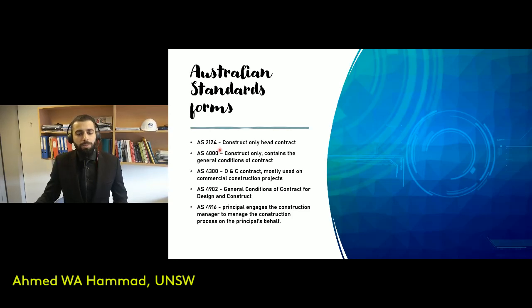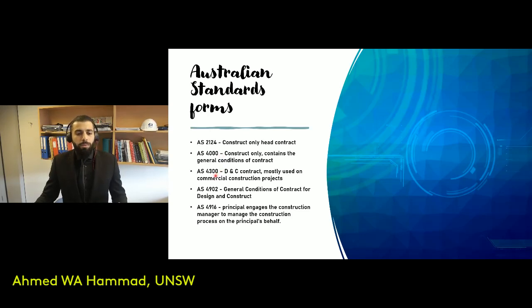AS4000 likewise for construct only. The difference between AS2124 and AS4000 is the fact that AS4000 is a successor, and there are slight differences in terms of EOTs, for example. So the conditions that grant an EOT, and how to calculate some of the delay costs, etc.